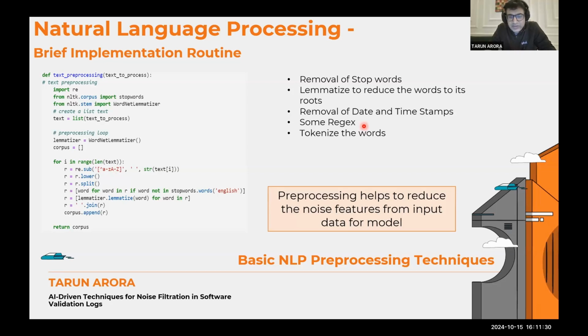For example, a stop word is noise. Lemmatization helps you to remove. Date and timestamp is noise. There's no point in creating dates and different timestamps as a feature. There's no point in creating test cycle as a feature. So we are just removing this noise using pre-processing routines, which is a normal process for any NLP problem.